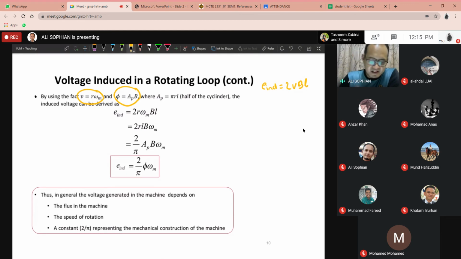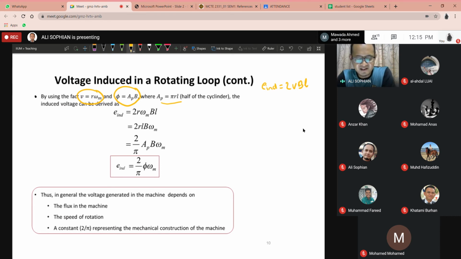The tricky bit is that A is equal to pi RL, half of the cylinder. The flux that we are talking about here is the amount of flux that's going into the rotor, which is also the same as the flux leaving the rotor.